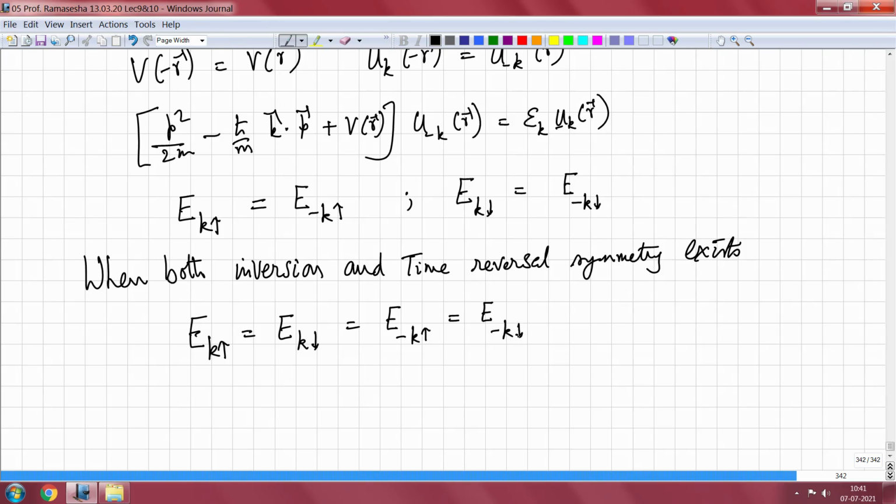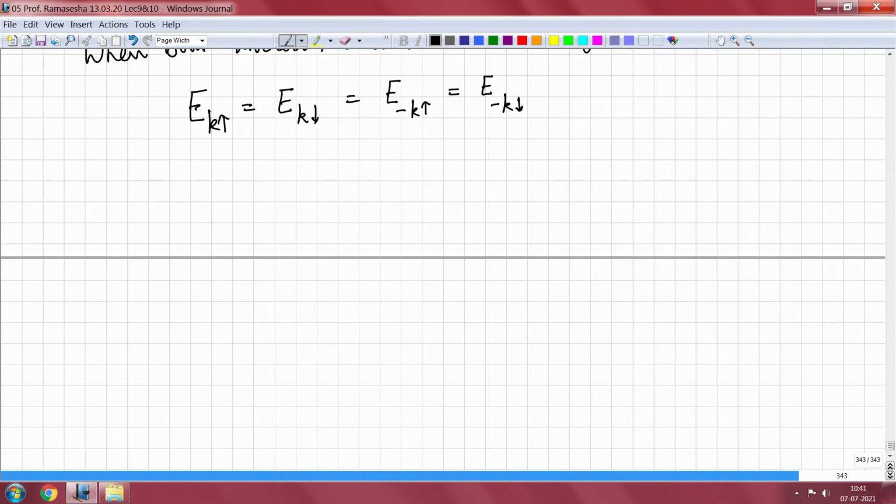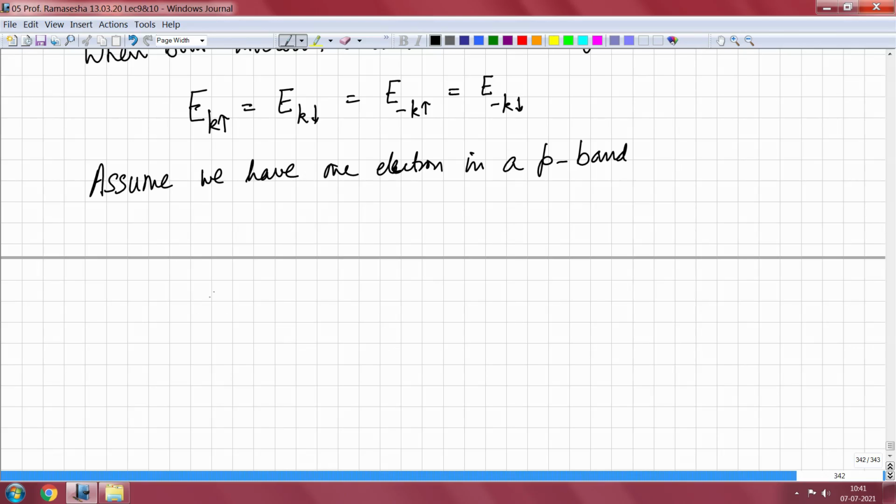So I have the full symmetry in the band, and if I am looking at, for example, the p bands, assume we have one electron in a p band, then the band structure will look like this. There are 3 branches because this is a p band, and all the branches will have this symmetry.